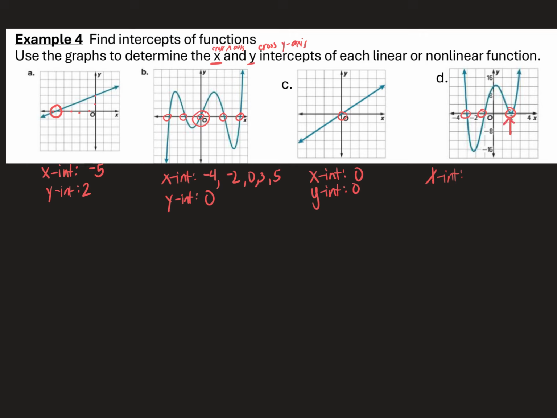This x-intercept has a special name. It is called a double root. Make sure to write that down. The reason why it's called a double root is there are two solutions there. When a graph touches the x-axis but doesn't cross it, a double root occurs.